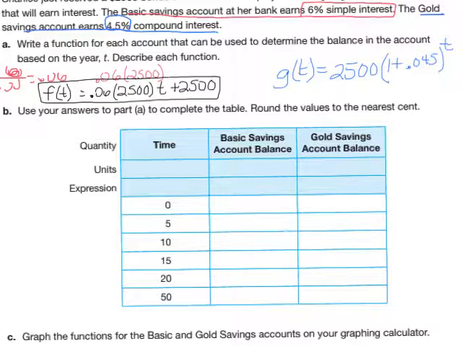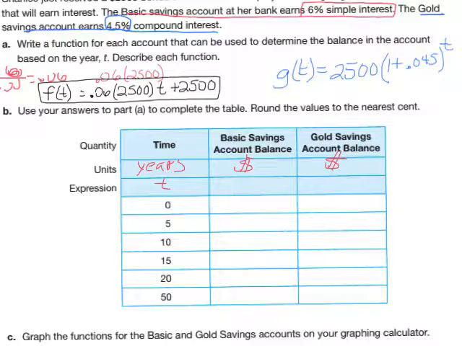Well, that would be years. And the expression we're going to use for that, we can call it T for time. We could call it Y for years, but that gets a little confusing. And then we want to use the units for our savings, so we're going to have that in dollars, not pesos or yen. And also in the gold, we're going to keep it in the USA and have it as dollars.